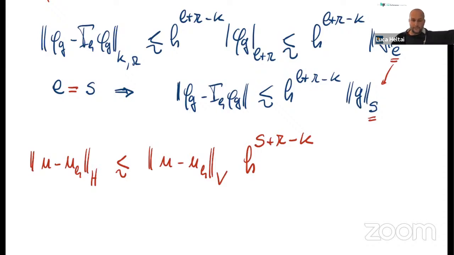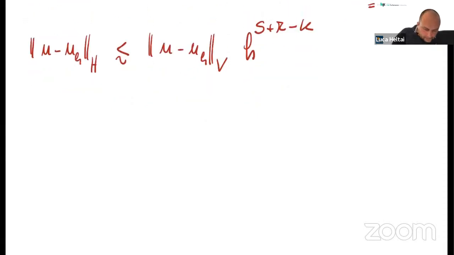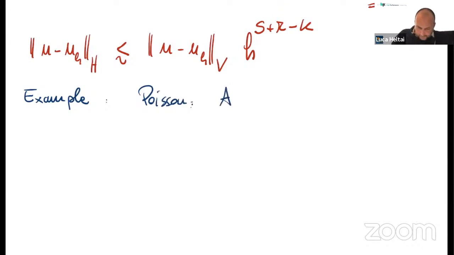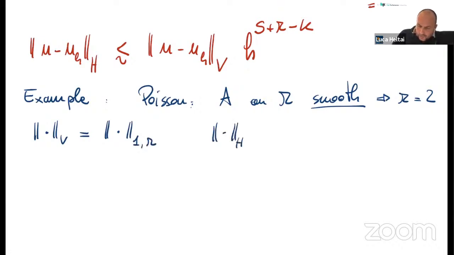Okay, questions so far. So let's take a look at what happens in this particular case for Poisson. So, for example, A on omega smooth. In this particular case, R is equal to 2. So R is 2 regular. And what we have is that the norm V is exactly the H1 norm on omega, and for the norm H, we take the L2 norm, which we call the zero norm.